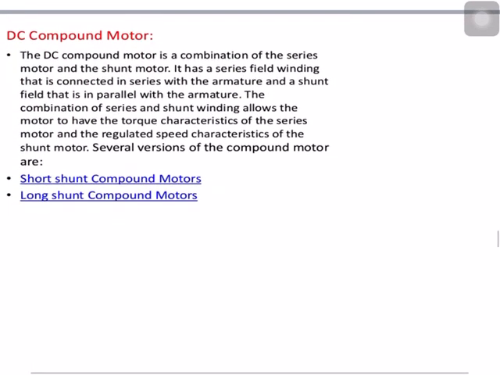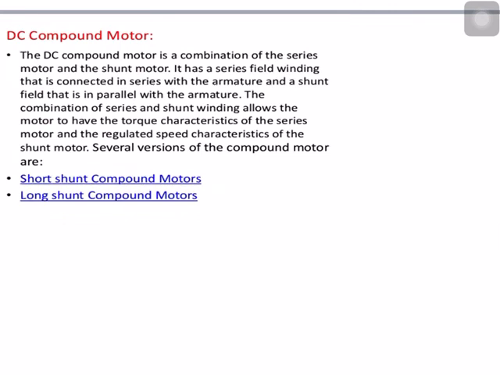Okay, next one, DC compound motor. DC compound motors have both series as well as shunt winding.